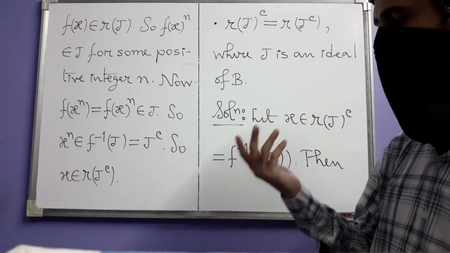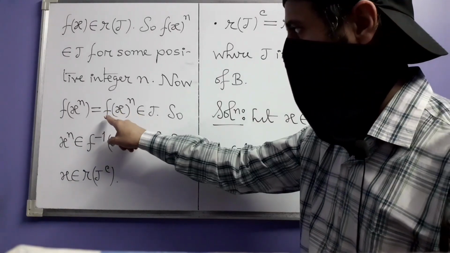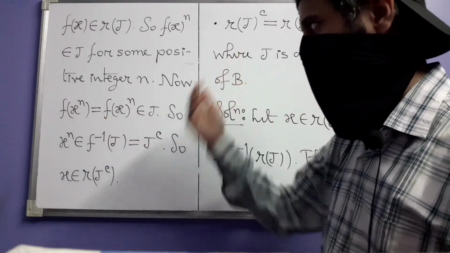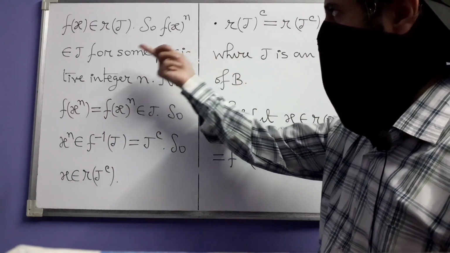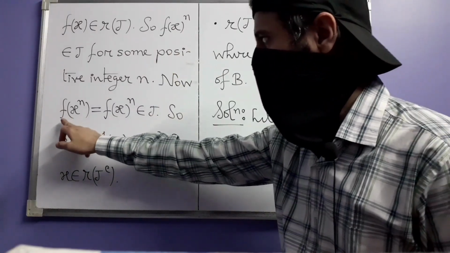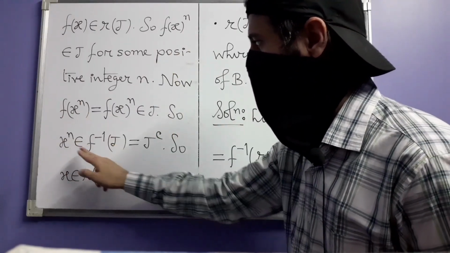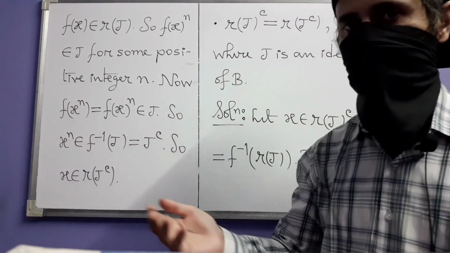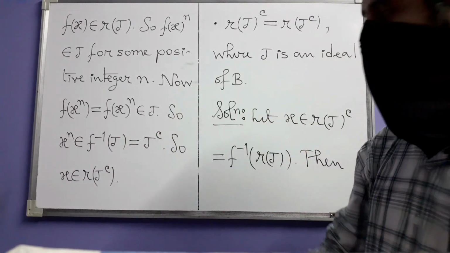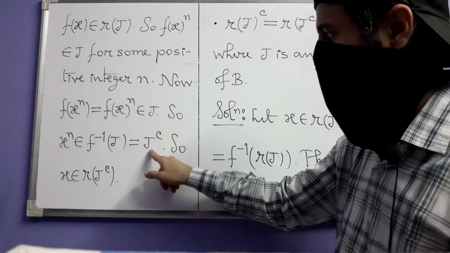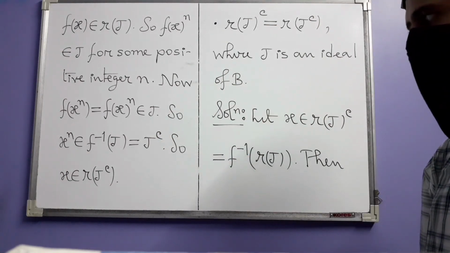Because f is a homomorphism, this will be equal to f of x to the power n, and that you already know belongs to J. So this f image is inside J. So x to the power n will be inside the inverse image of J under f, which by definition of contraction is just J contraction.